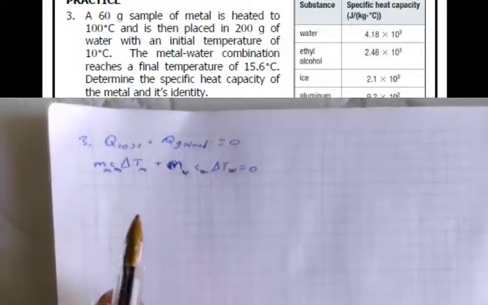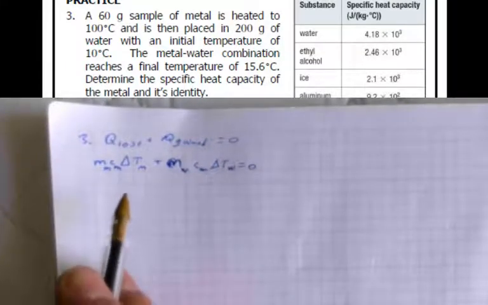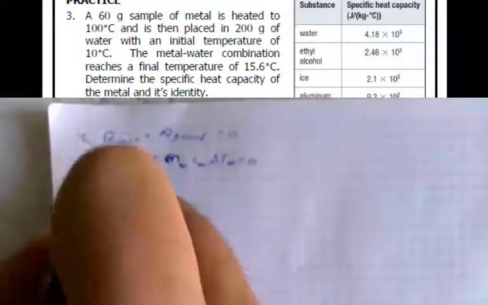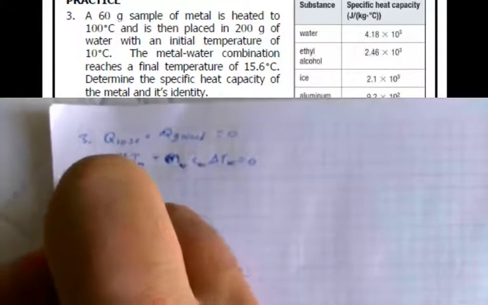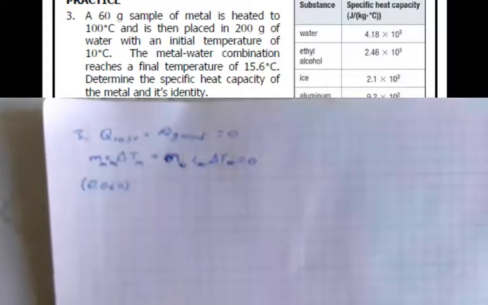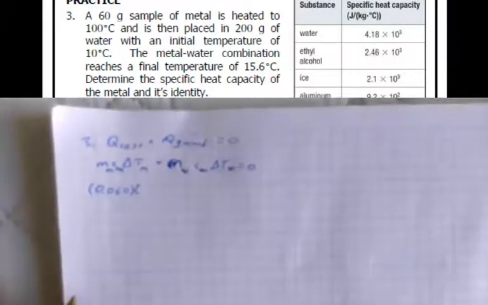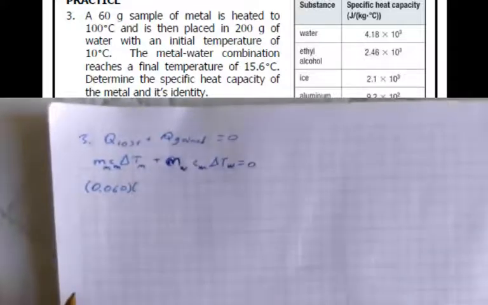So we know they're going to have a final temperature of 15.6, but let's figure out how this works out here. So my metal is 0.060 kilograms. The c for metal, we don't know. We have to solve for that.